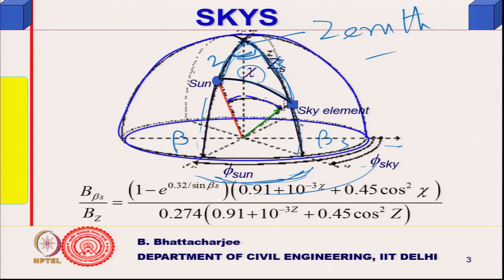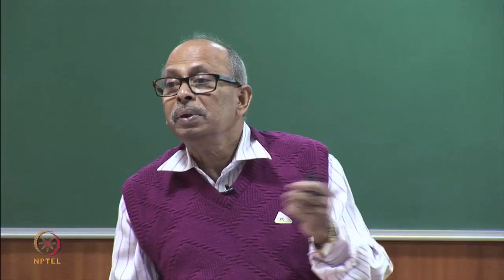Anyway, I will come to that angle later on, but just before that, one of the ISO sky formulas suggested was something like this: B beta S divided by B Z is 1 minus exponential of sin beta S plus some constant, 10 to the power minus 3 chi, to the power k, and cos squared. So, you can see there is a function involving this ratio, which depends on how far it is away from the sun.